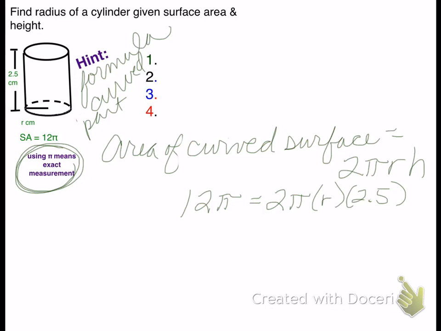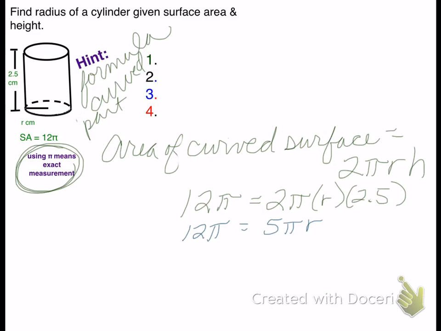Well, obviously I'm going to switch now to blue, because that's the color for step 3. I'm going to need to do some multiplying over here to get some of those things straightened out. So 2 times 2.5 is 5, and that gives me 5 pi r equal to 12 pi.